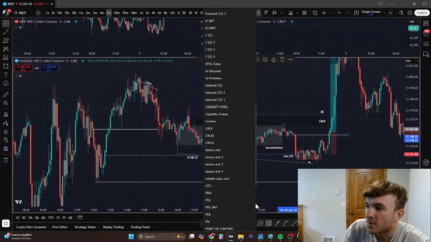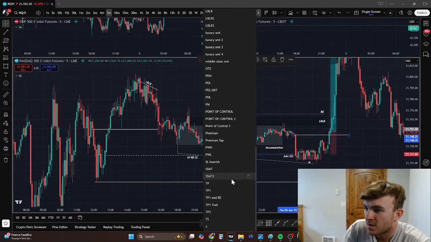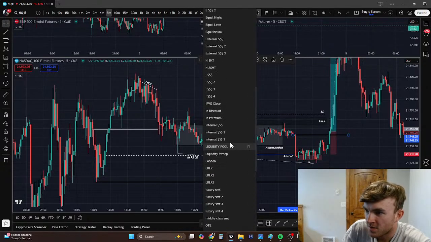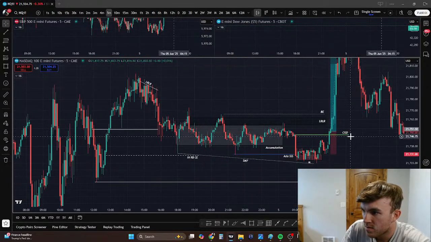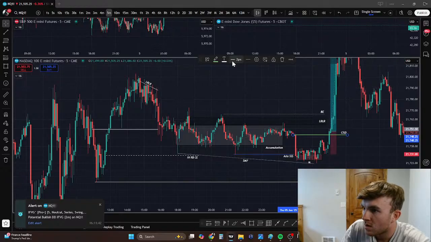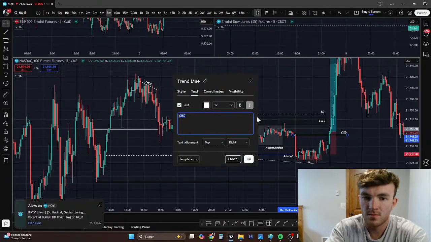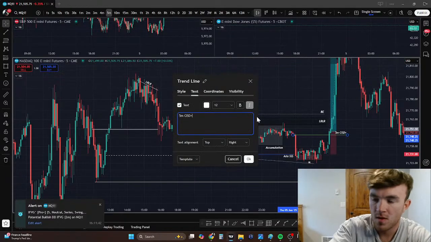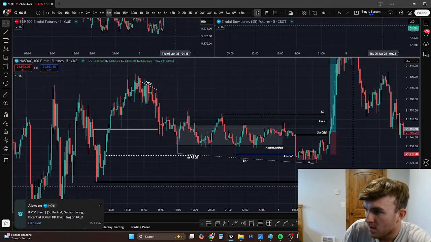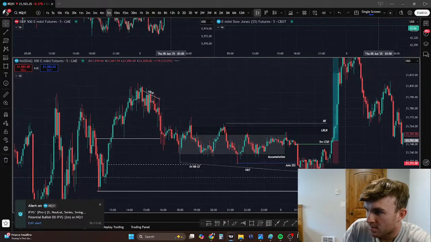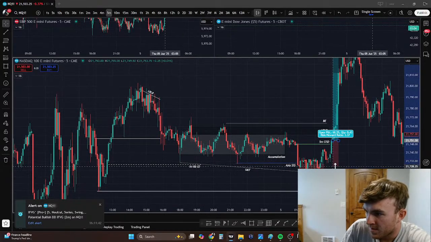So this would be a flow state close, since we wouldn't enter on the retest. We'd enter on the close since it's close enough. So there we go. Boom. And yep, I'd put stop loss at the body.